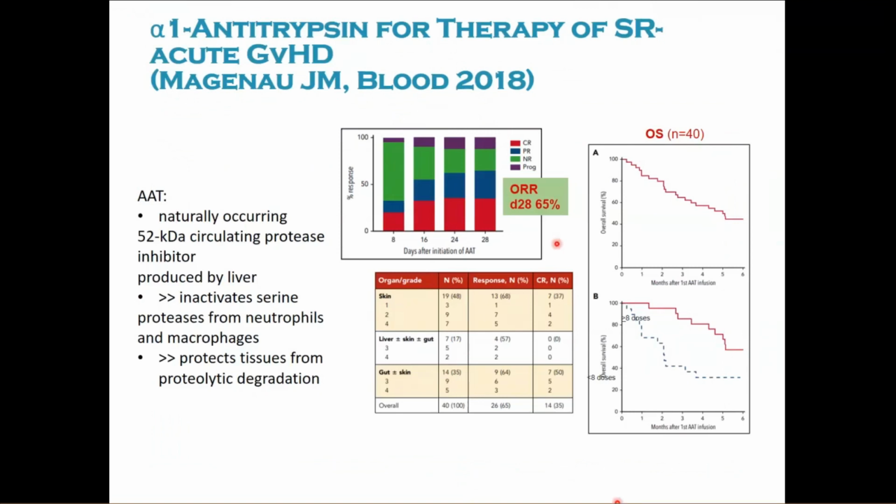The overall response rate at day 28 was 65% with durable responses, and the treatment was well tolerated with a minimal toxicity and a low rate of infections in contrast to the previously presented studies. So the overall survival for those patients which were treated with at least 8 doses was 57%.